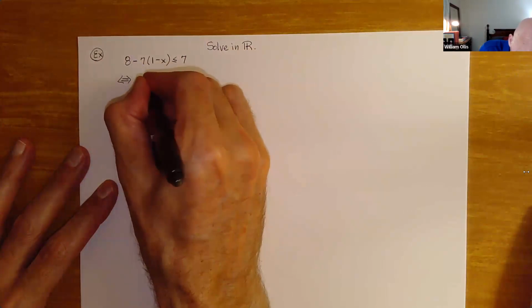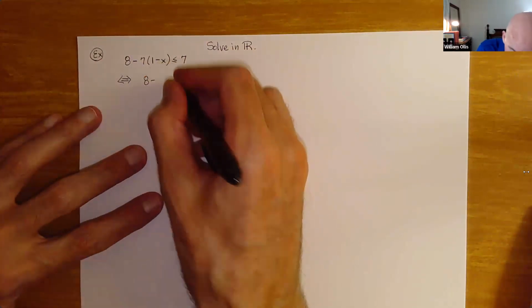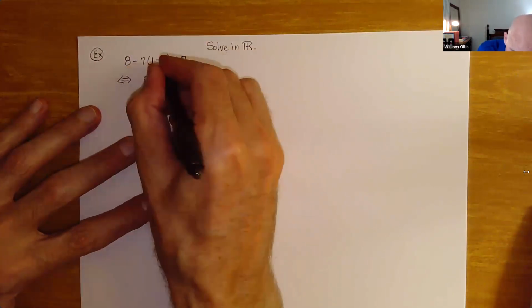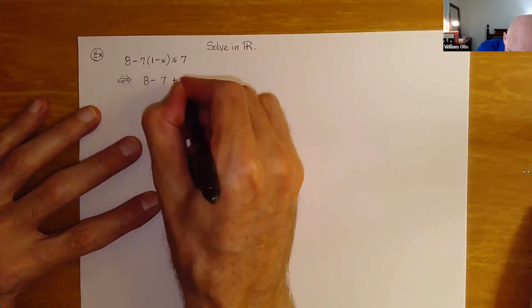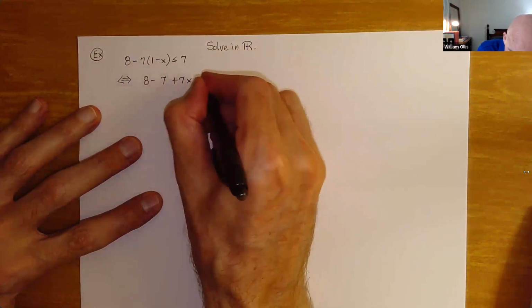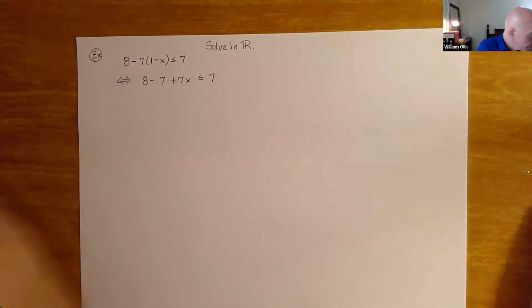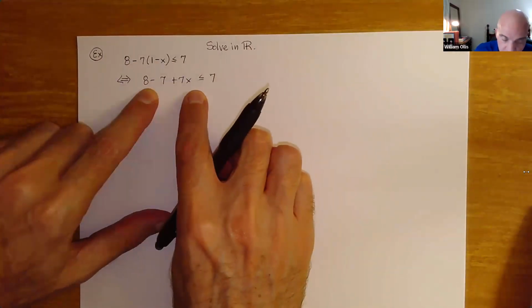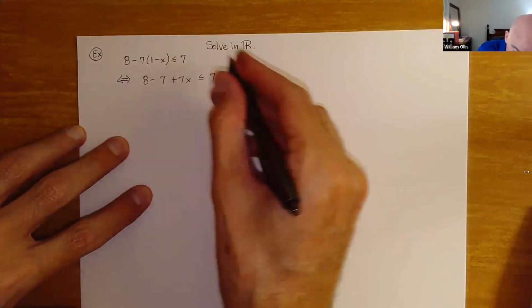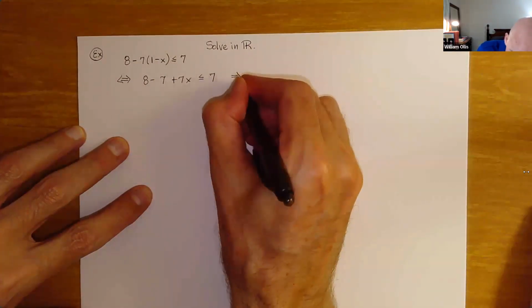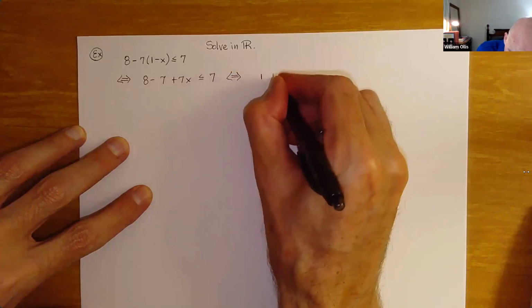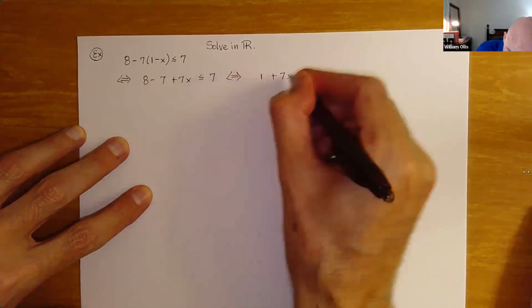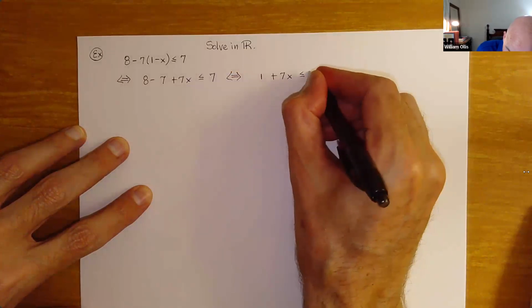So we have 8 minus 7, and then minus minus, plus 7x less than or equal to 7. Now, when you look at this, the first thing we can do is collect these terms. They're the same. So that'll give us a 1 plus a 7x less than or equal to 7.